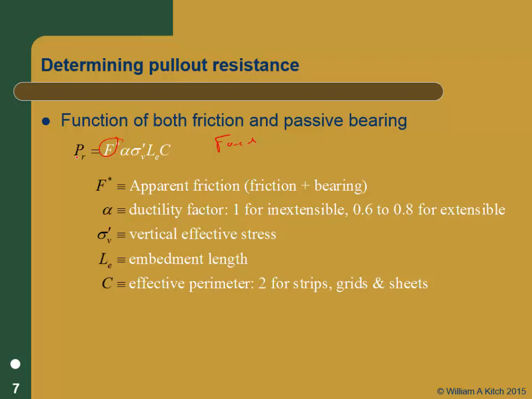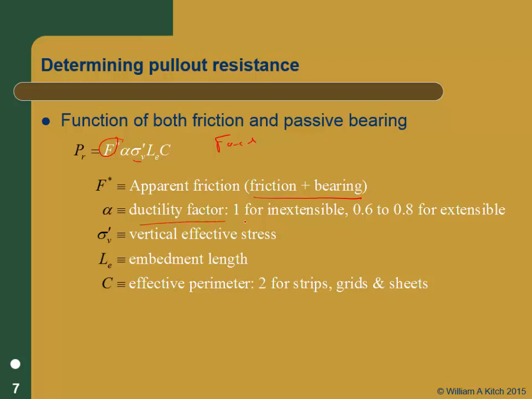But even though it's not the normal stress times the interface friction angle, it is going to be a function of the effective vertical stress, which we talked about. And so, generally speaking, we're going to convert the bearing into an apparent friction term and just treat it all like friction from a computational standpoint. So F star is going to be apparent friction, which is a combination of bearing and friction. We'll discuss that in a minute.